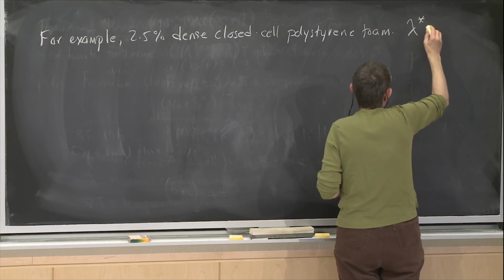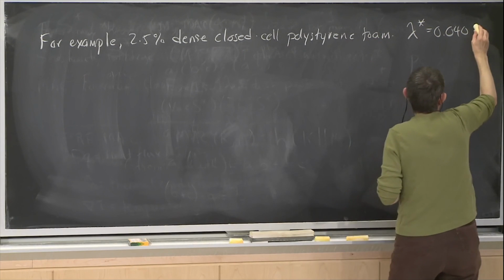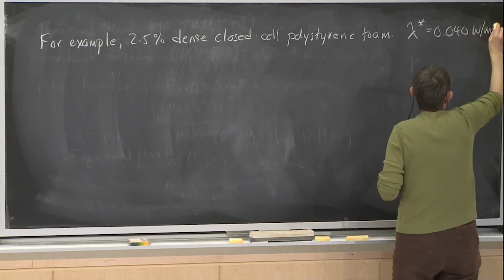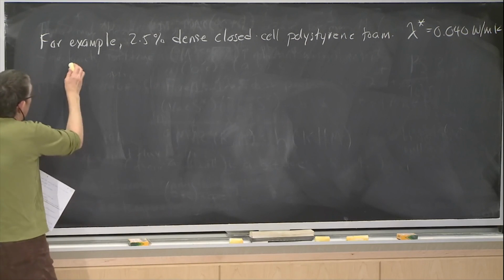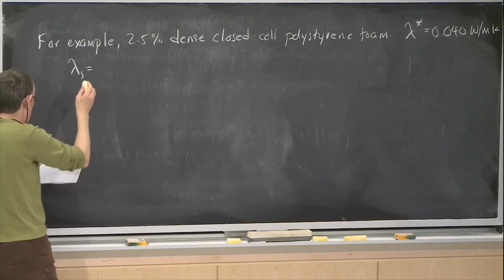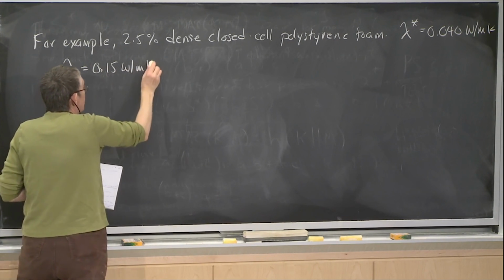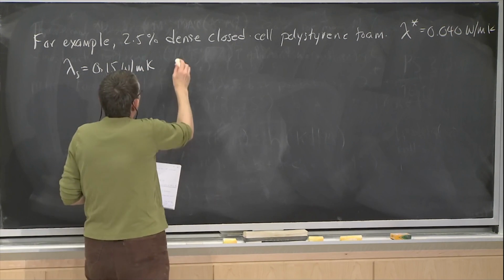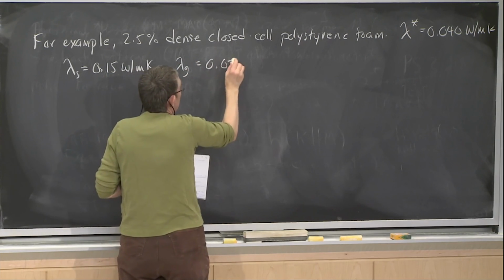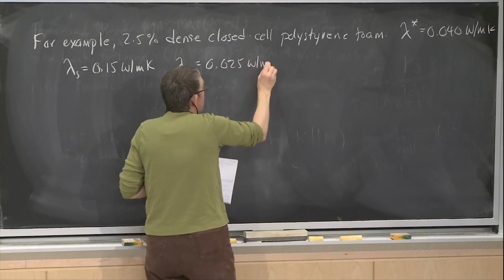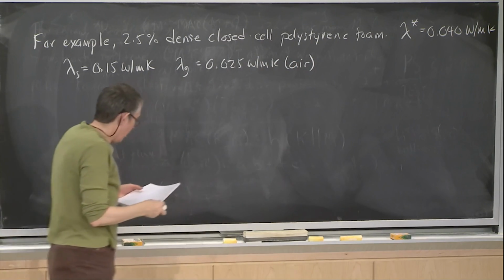So the total thermal conductivity of the foam is about 0.04 watts per meter K. And the thermal conductivity of polystyrene is 0.15 watts per meter K. And the thermal conductivity of air is 0.025. So let's assume it's just blown with air.